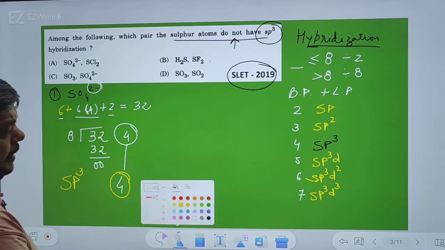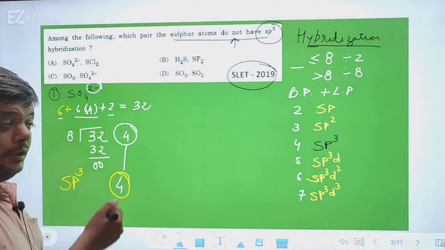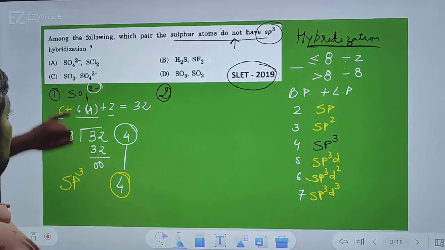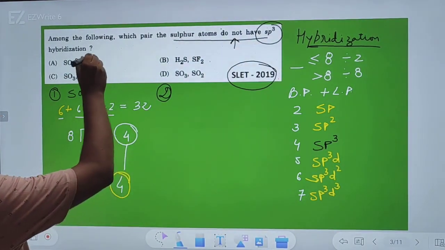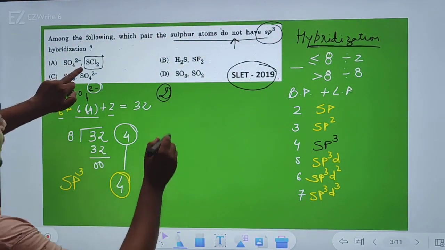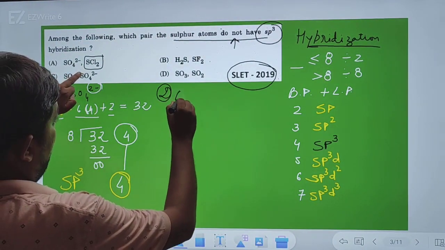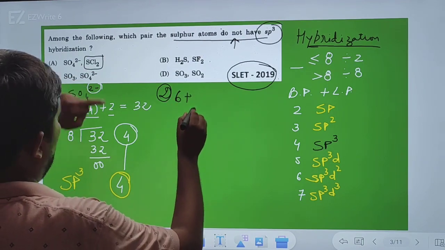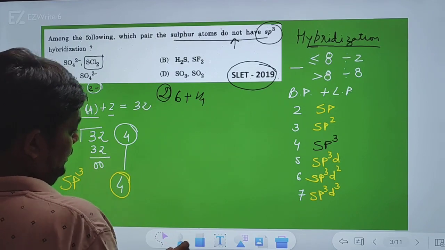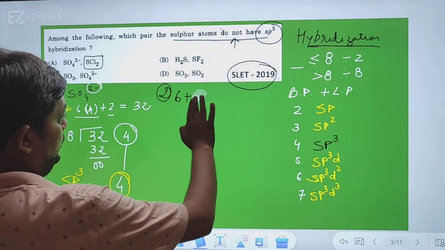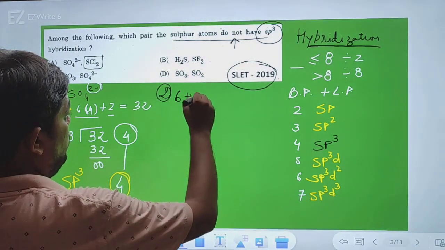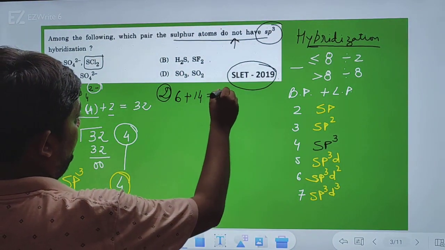Let us check the second example available over here with us, and that is SCl2. Now I am going a little bit direct because I have confidence that you might have learned the technique. Sulfur has 6 valence electrons, each chlorine has 7, 14. So it is 20.